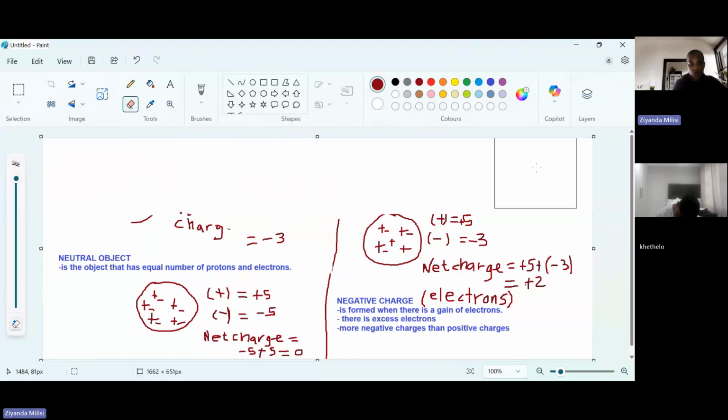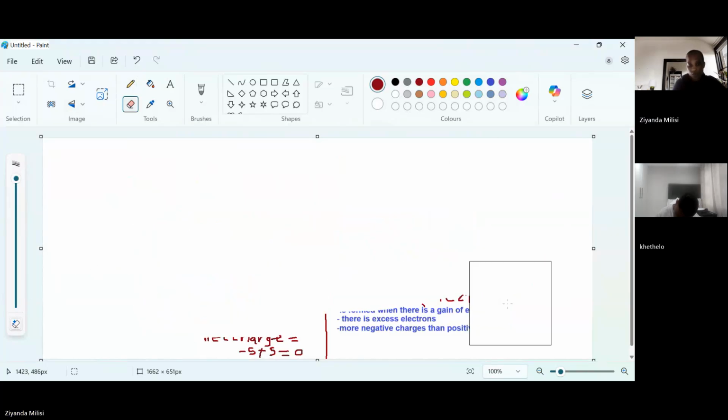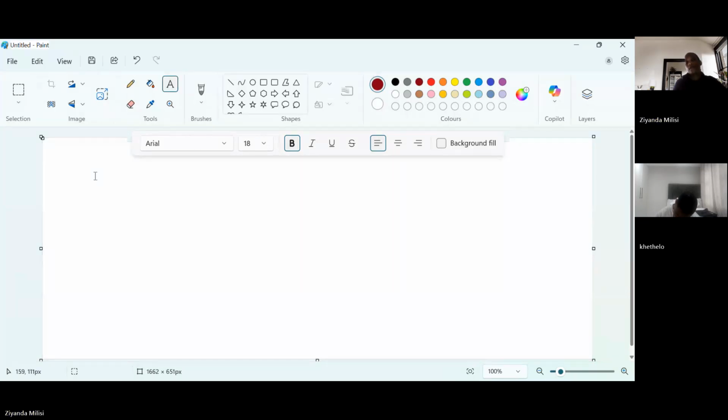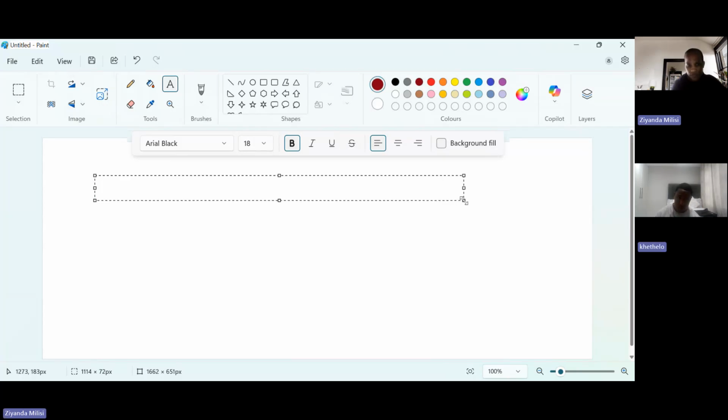Then let us now move on. Now we've got the principle of conservation of charge. What does it say?